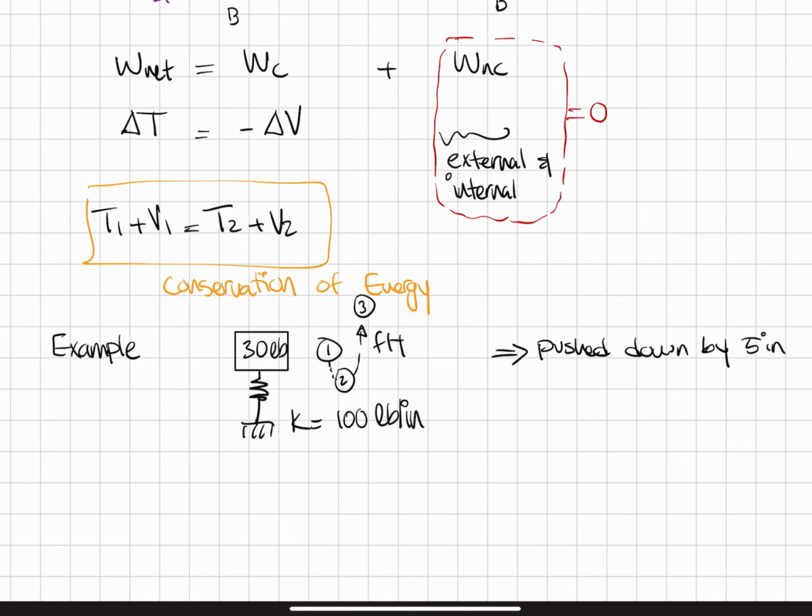So the question you want to answer here is, how high does the mass fly? And right now, it's a good time to pause and think about what this question means.